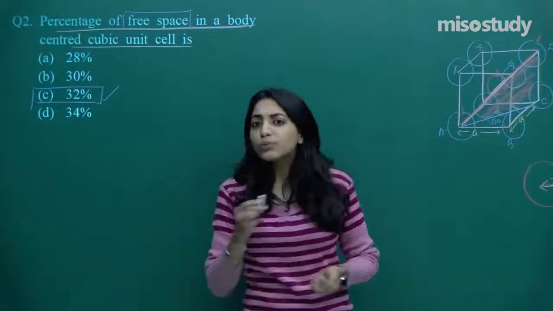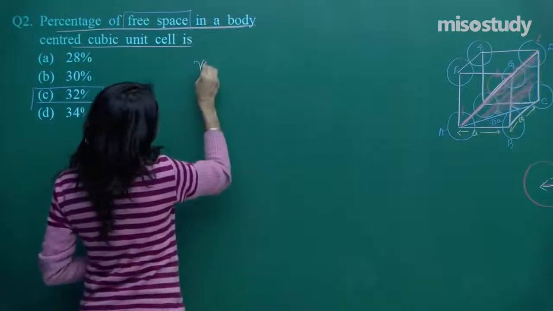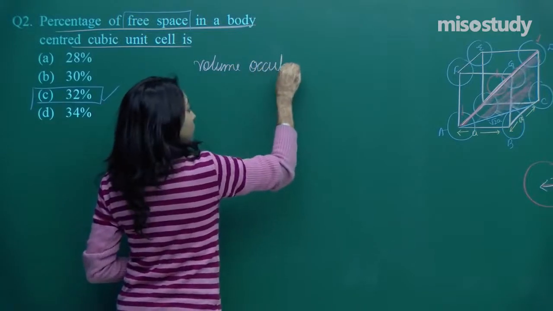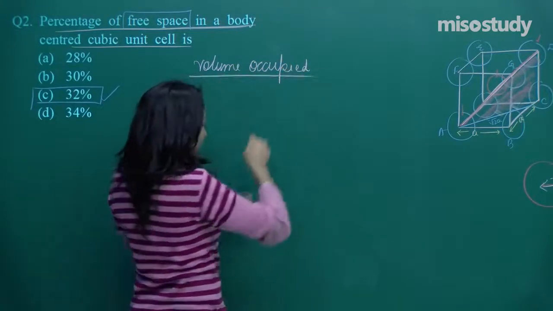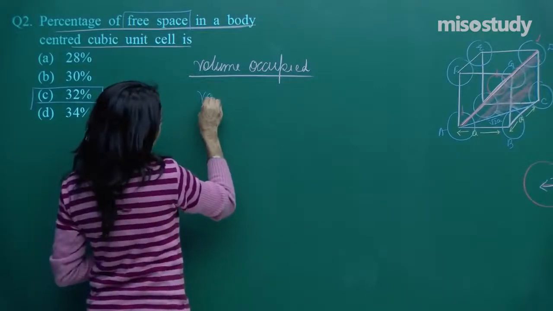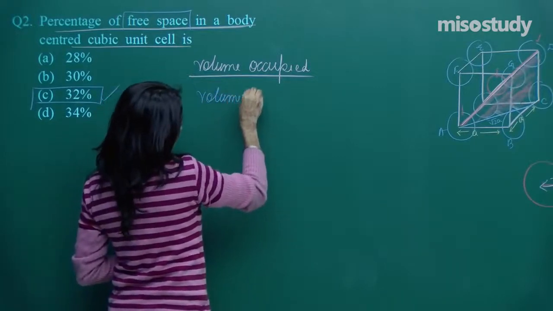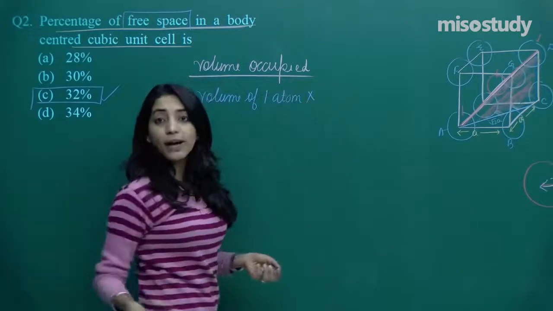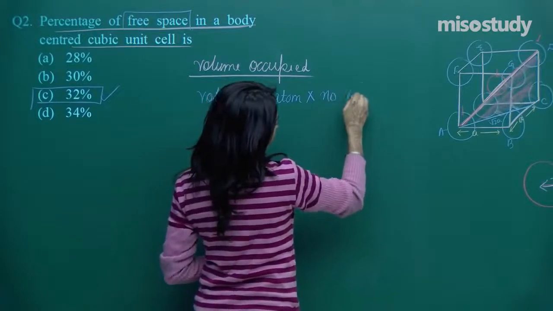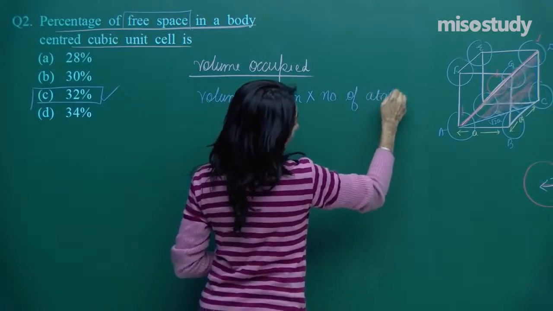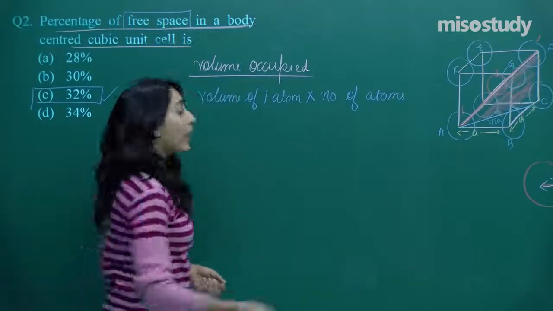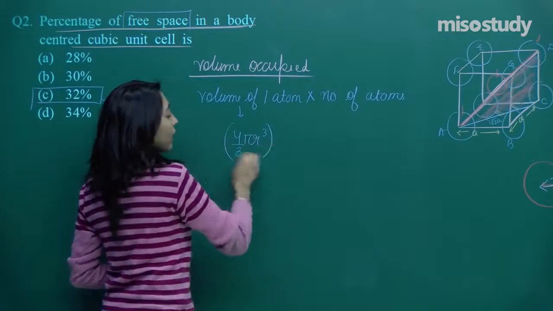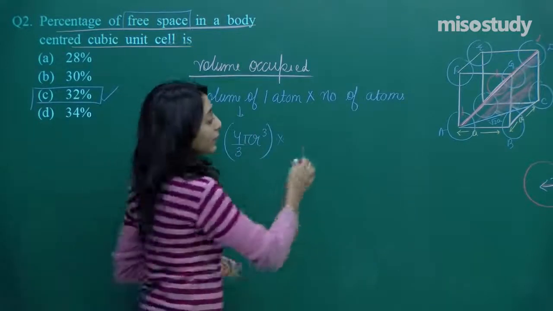So volume occupied is what? Don't you think volume occupied can be simply written as volume of one atom multiplied by the total number of atoms. What is the volume of one atom? It can simply be written as 4 by 3 pi r cube multiplied by the number of atoms.